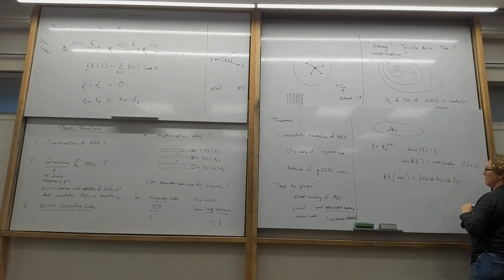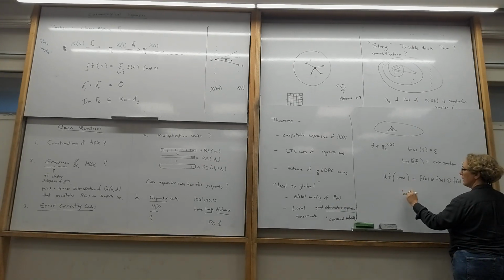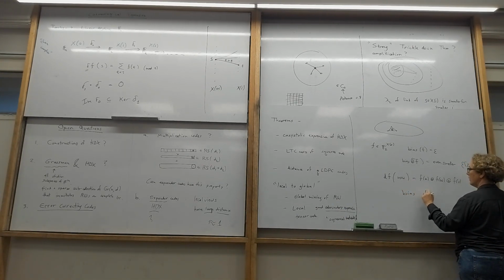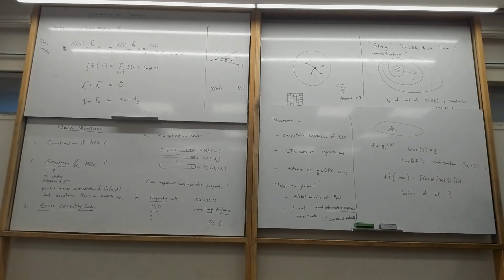Anyway, I'm defining this new function on every triangle, and I want to know what is the bias of df compared to the bias of f. Bias, by the way, if f you think of it as like 0, 1, it means you're roughly half-half. There's a bit more zeros or a bit more ones.